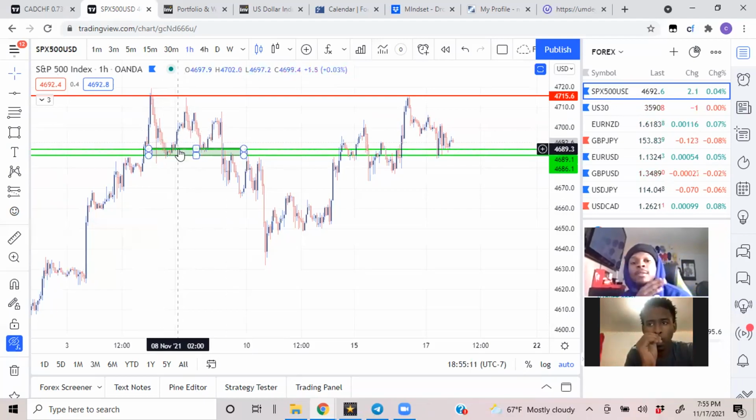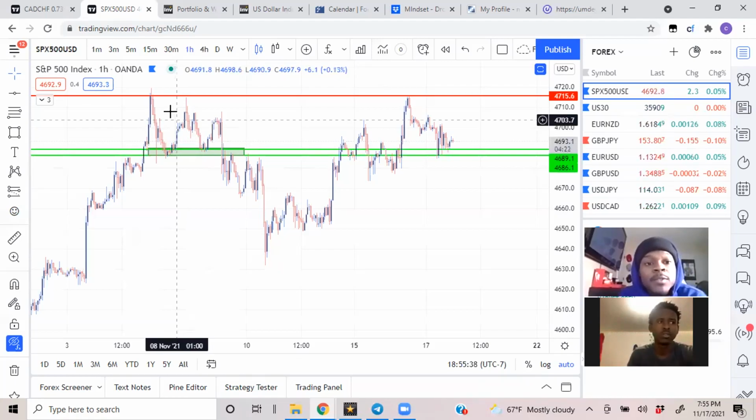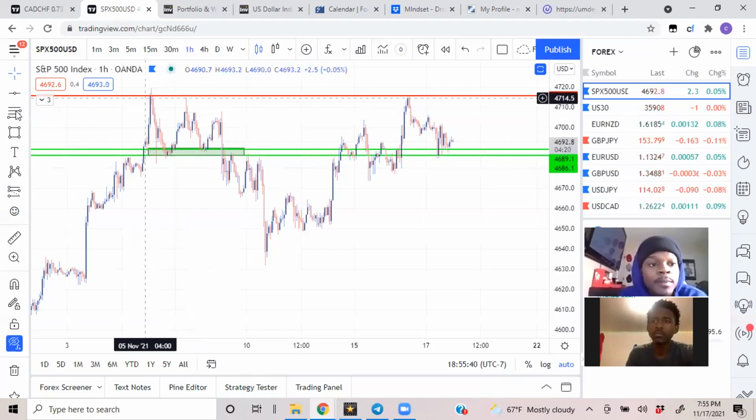I was just introducing that idea that instead of looking for certain prices to enter a trade, you can also look for zones, which gives you a wider range to enter a trade in. And you don't have to wait for it to come to this specific price in order to enter this trade. It could come short or it could go further than that price. So you never know.